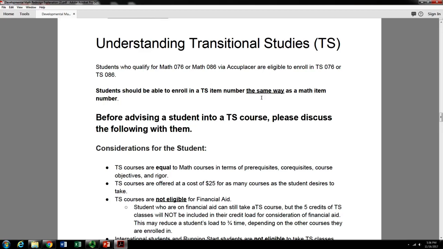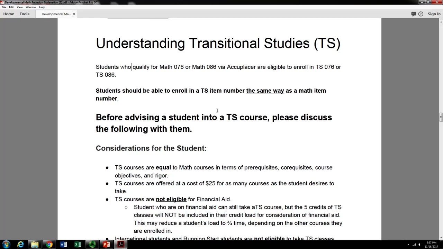So a student has the choice. Either ones are prereqs. You can do a TS 76 and then take Math 86, or you can take TS 86 and then take Math 96. It doesn't matter, or you can stay in the TS for both and then go into Math 96 or into Math 107 or 146.